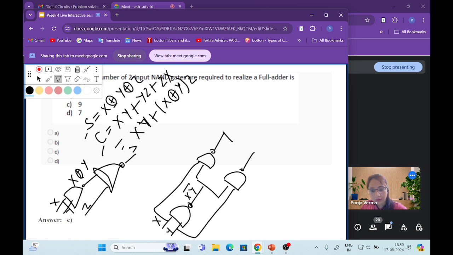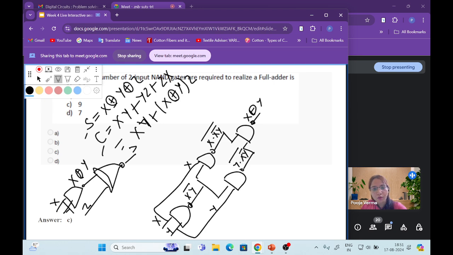Here we will also get, already we know, x and (xy)', so x into (xy)'. Similarly here y at this input and another input (xy)', right? If you solve it, here we will get x XOR y. Already we have solved it.